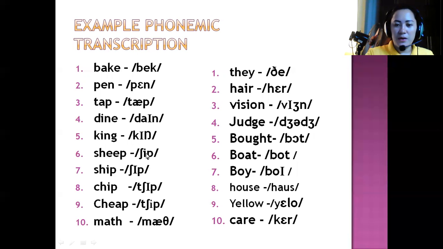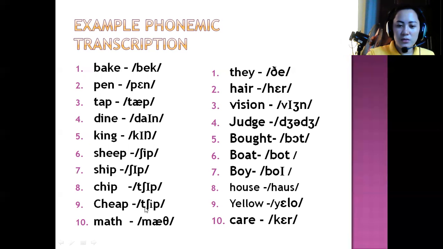So beware of the symbol for ship. This short I, long E, short I. We have the chip, and we also have the long E, cheap.